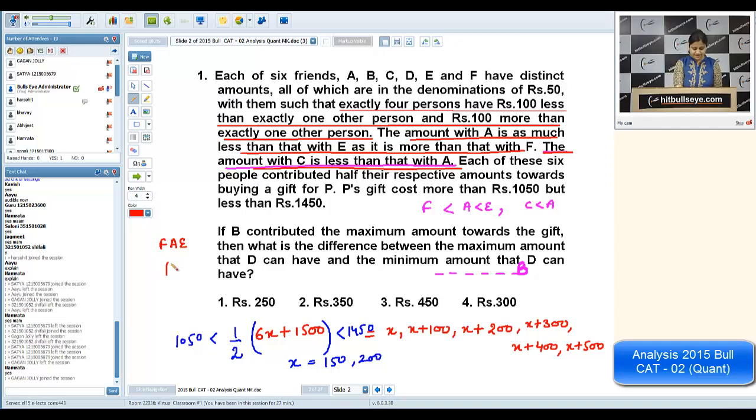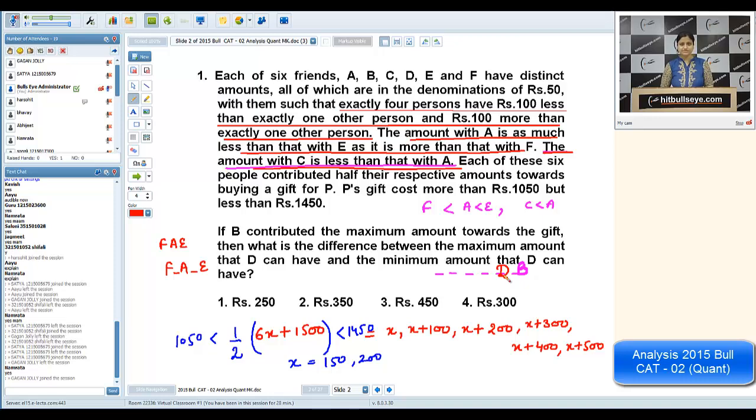It can be this way as well: F, then space, then A, then space, then E. That can be the thing. But what is the question here? What is the difference between the maximum amount that D can have and the minimum amount that D can have? Since B is contributing the maximum amount, I am considering that D is contributing the second maximum amount. So we are left with only one thing, FAE.